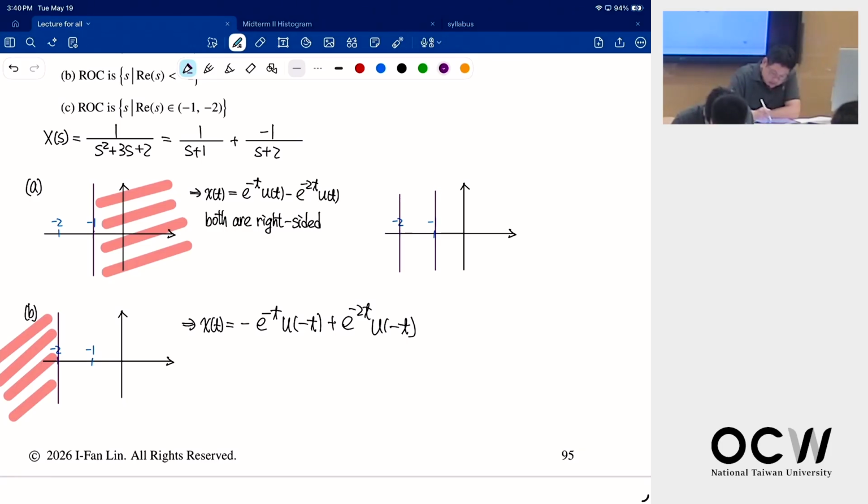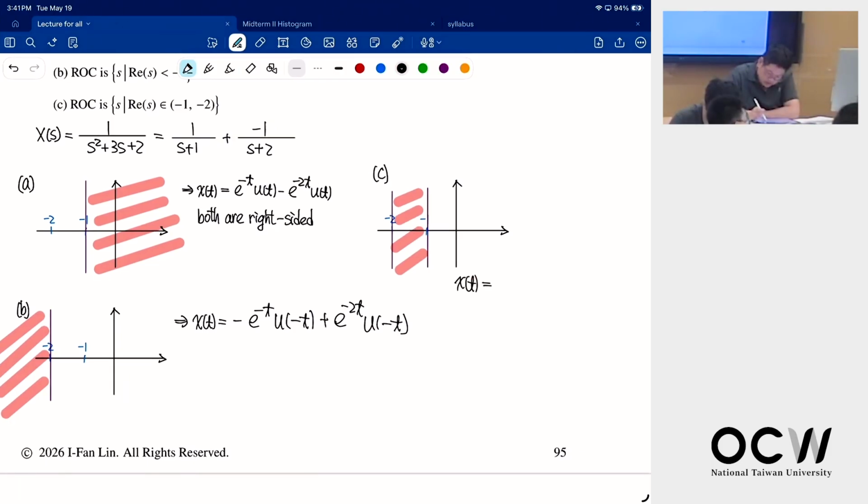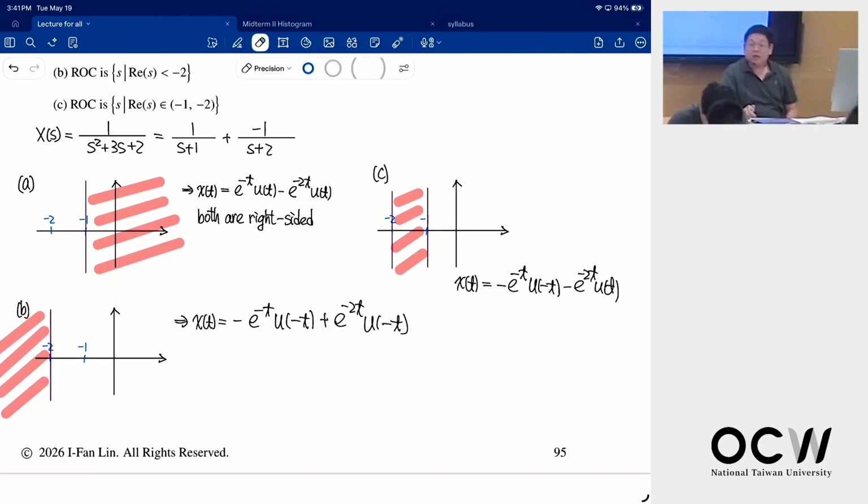And how about this one? I have values between, the region of convergence is between minus 1 and minus 2. All right, any questions for this one?